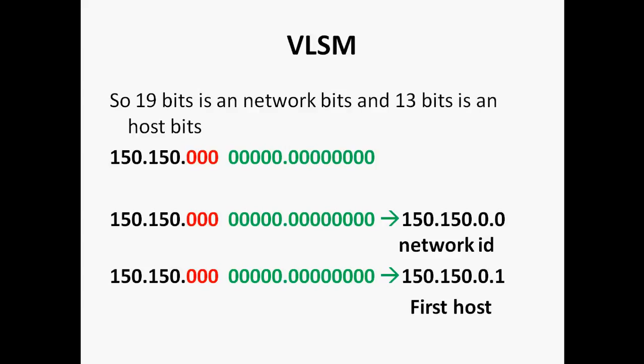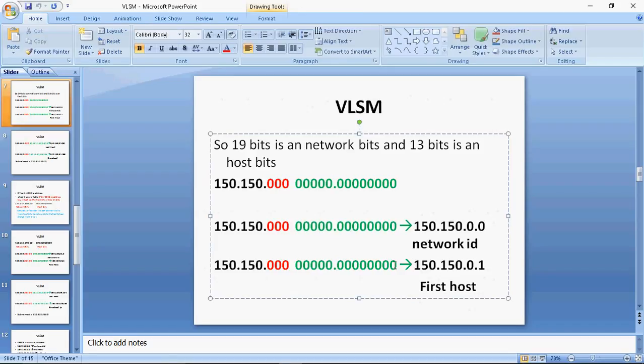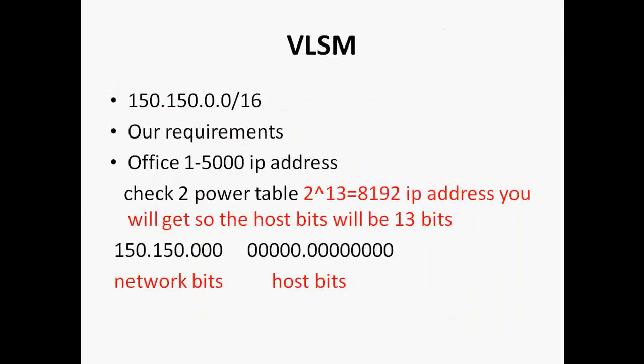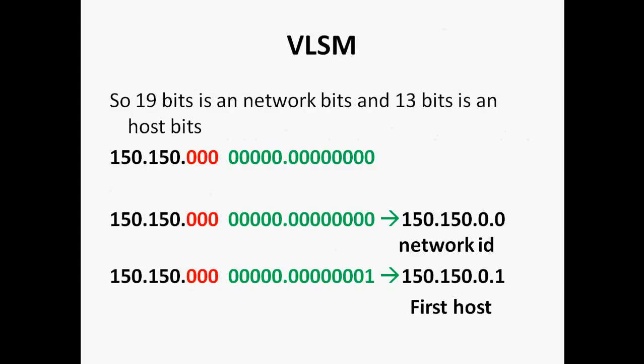To find the network ID, all the host bits should be 0, then you convert into decimal format and you will get the network ID. So all the green numbers indicate host bits, which in binary I will put as 0. Then I will convert into decimal format. 150.150.0.0 is the network ID.